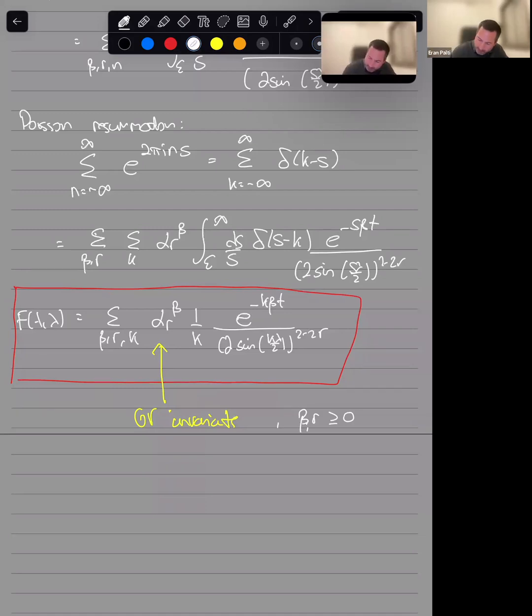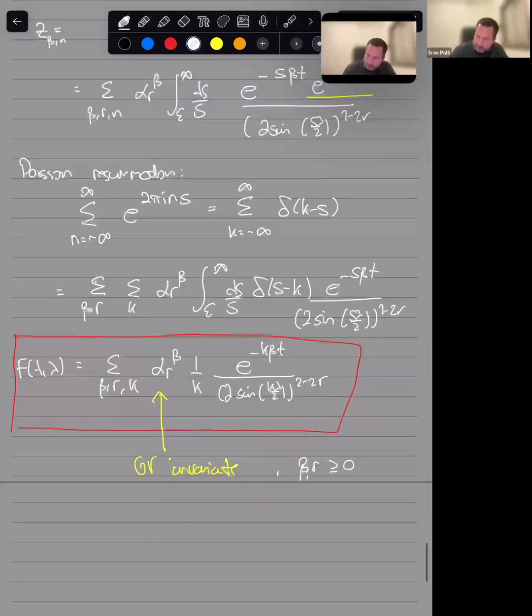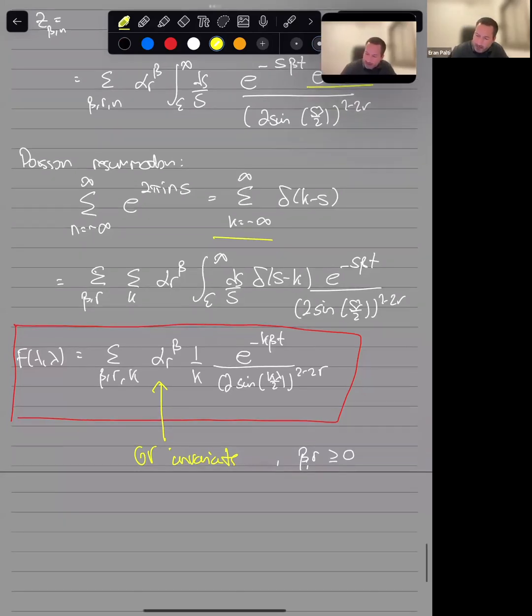K is also positive because the sum here is over negative and positive k, but when we put it into the integral it is only over positive s.